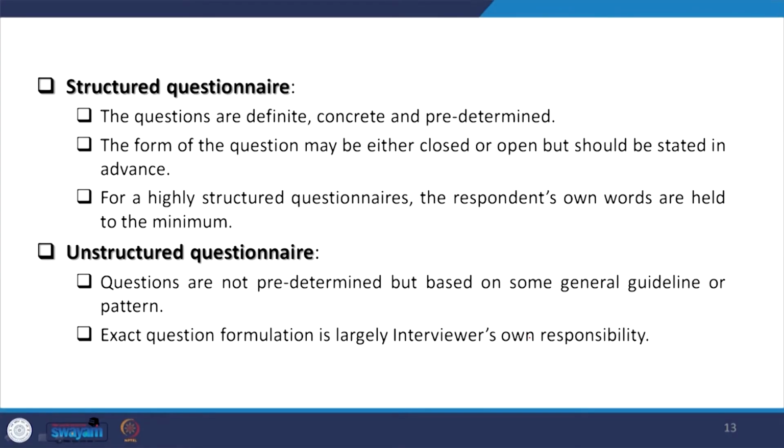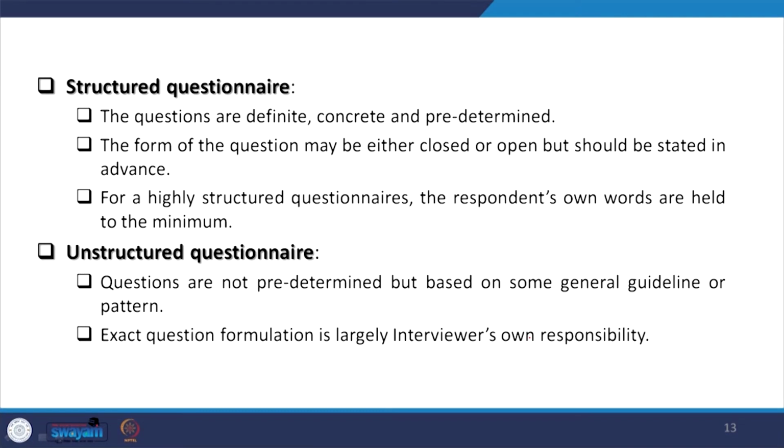Generally it has multiple choice answers, scale questions also. Either it will be dichotomous or multiple choice, we have all those designs. So, a structured questionnaire is one which is definite, concrete and predetermined. The form of the question may be either closed or open, but should be stated in advance.